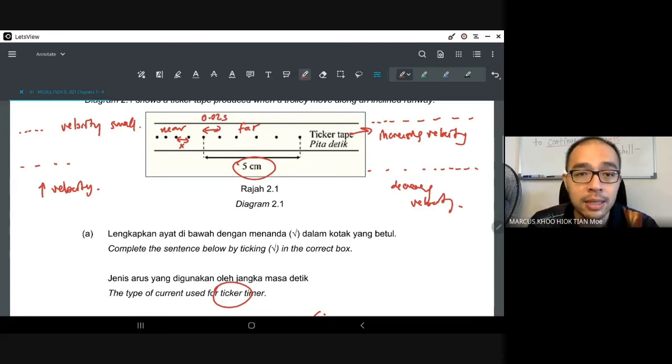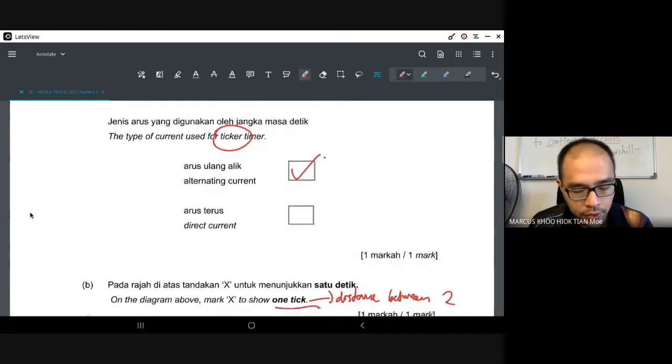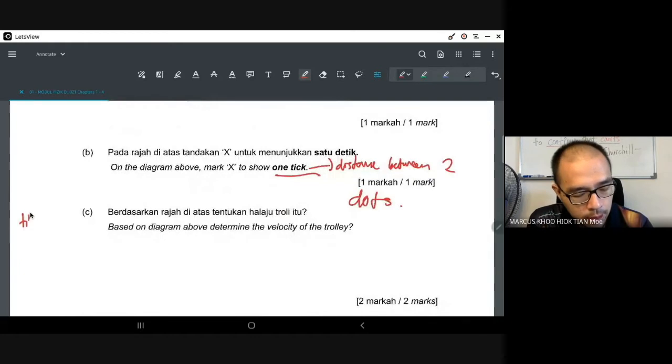I think this is something that they never mentioned. But by right now, you're supposed to know this. It's like a fact. If you don't know, then you cannot answer this question, but you should know. The time for one tick is 0.02 seconds.